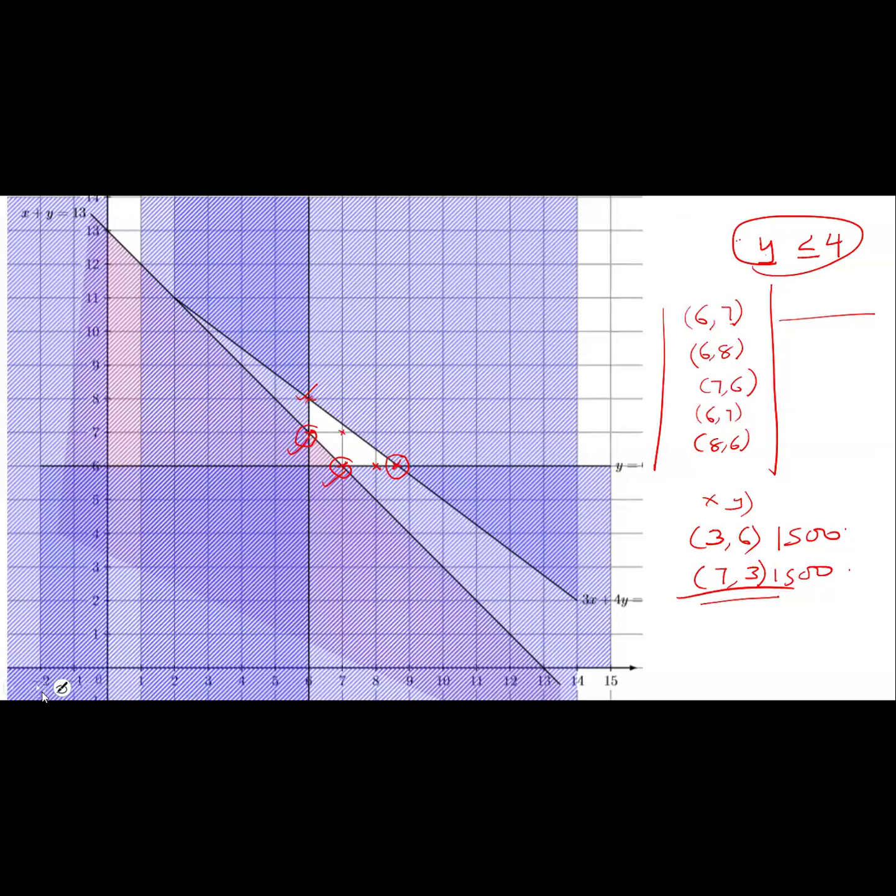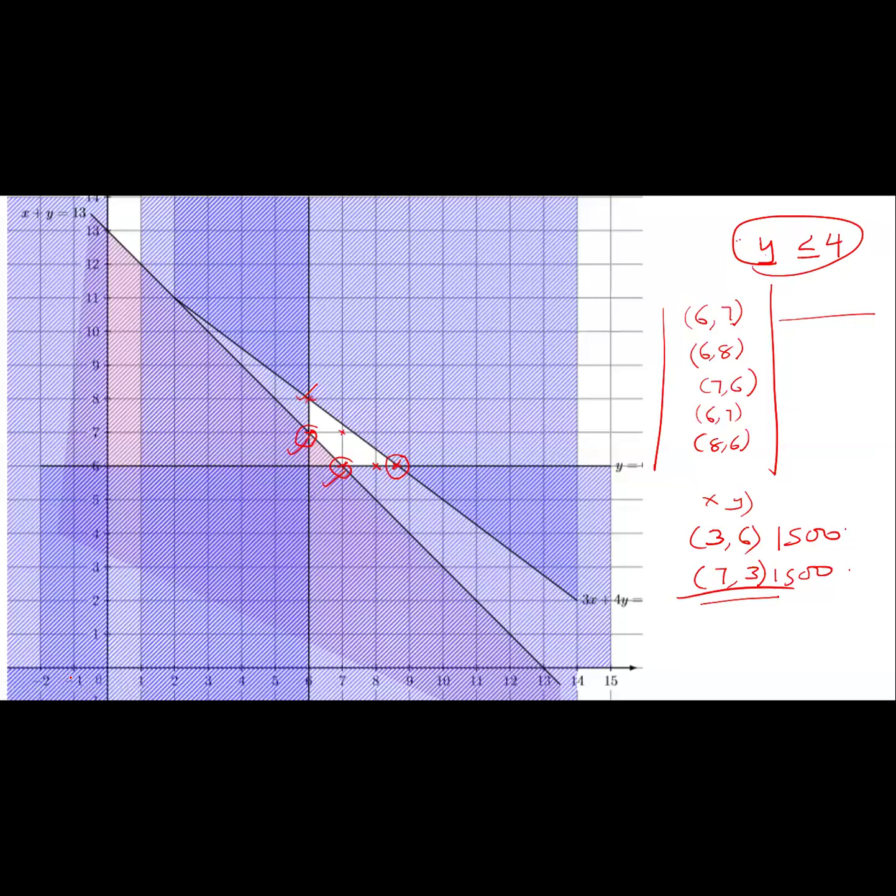My question is, what if the corner points are in decimal? In our school, our teacher told us that in case the corner point is a decimal, like this one where we have 8 point something and 6, you can move to the nearest value, which will be 9 and 6.